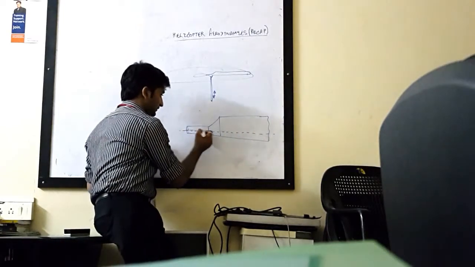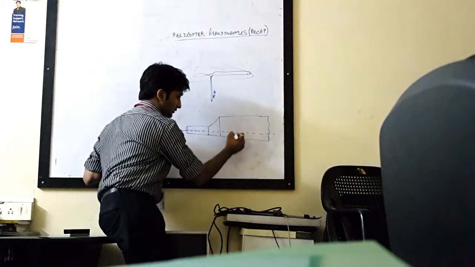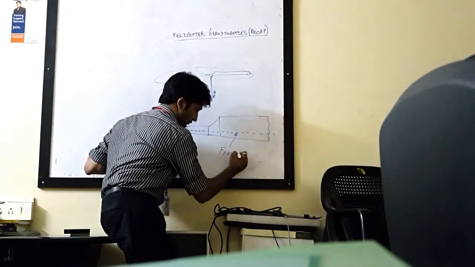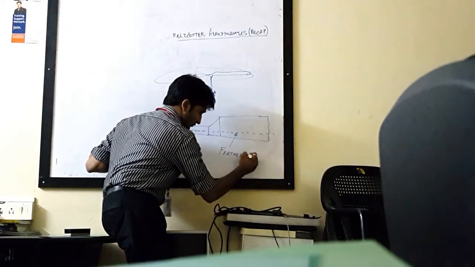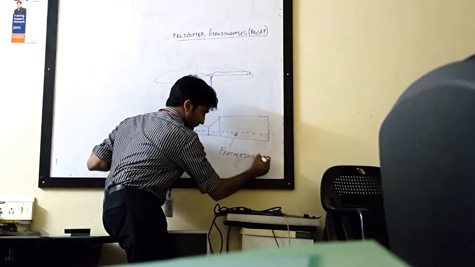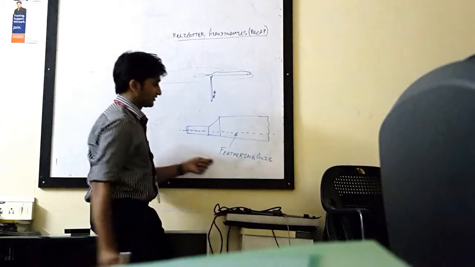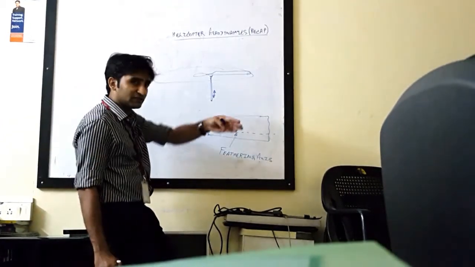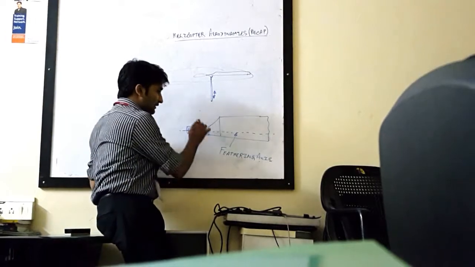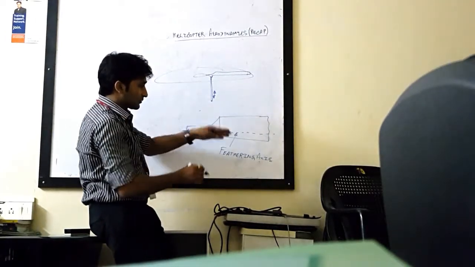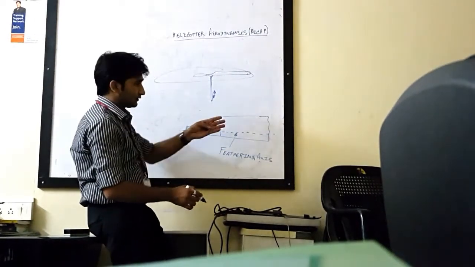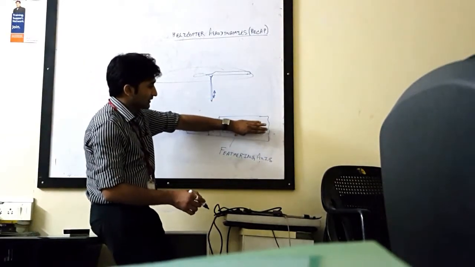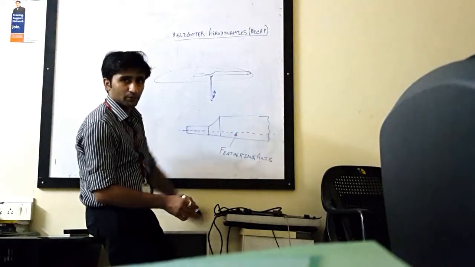This axis is called a feathering axis. The blade feathers about this axis. So any angle with respect to this feathering axis gives rise to pitch up or pitch down of the individual blades.